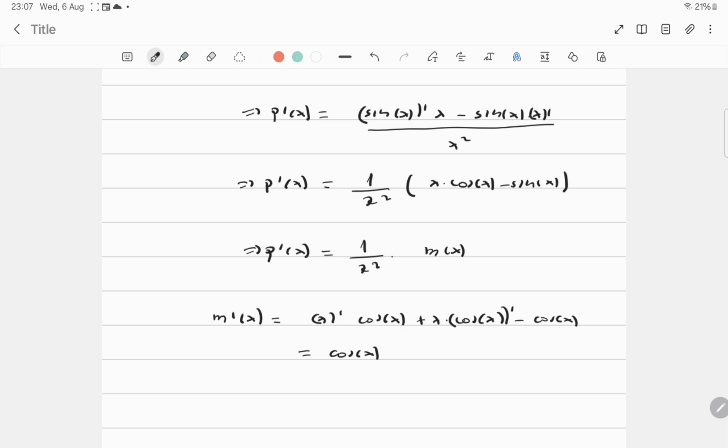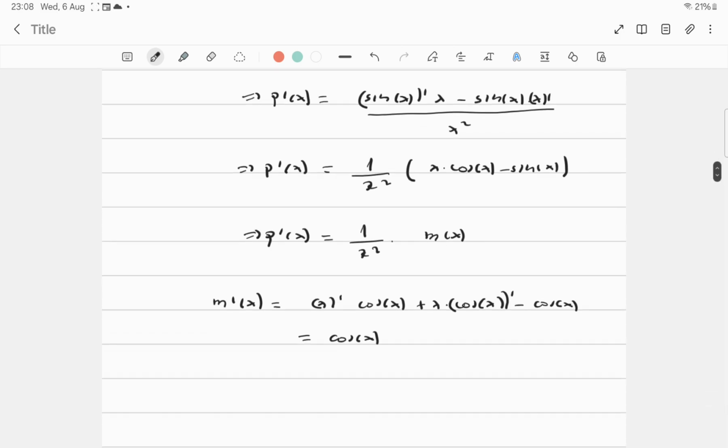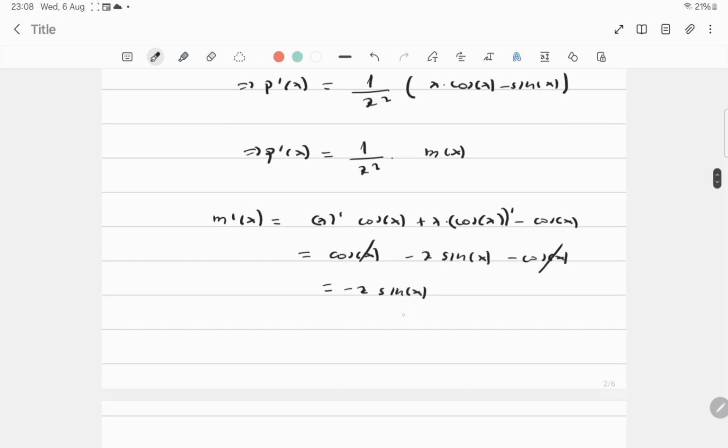What did I do wrong here? Oh, nothing. So that is minus x sine x minus cos x, and then these terms vanish and I have minus x sine x, and this is negative. I can prove that.